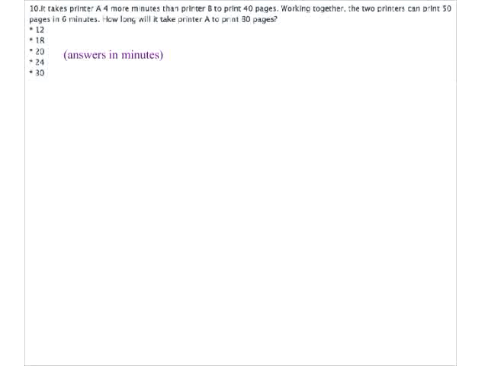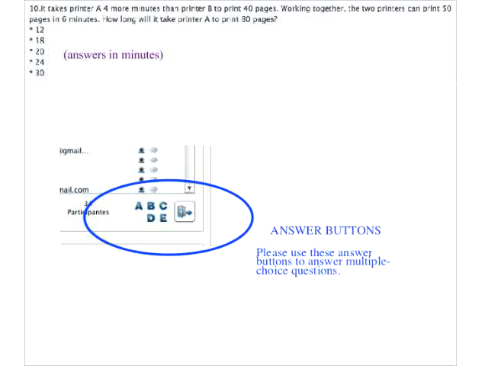Please, please, ladies and gentlemen, use the answer buttons to answer the question. Please use the answer buttons. Okay, here's a timer. There's not as many words in this one, so I'll give you a little bit over 2 minutes.